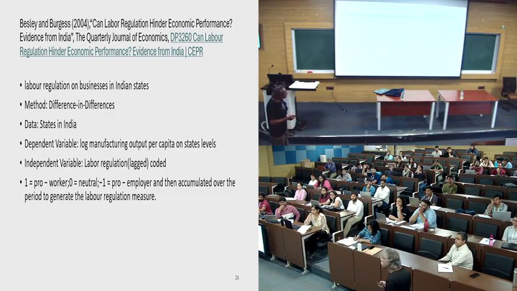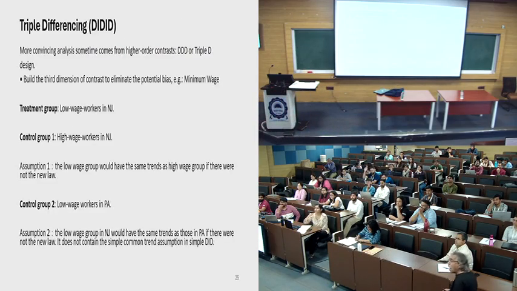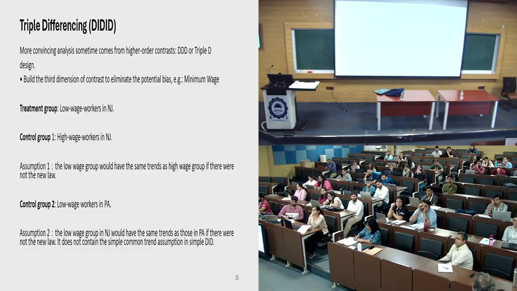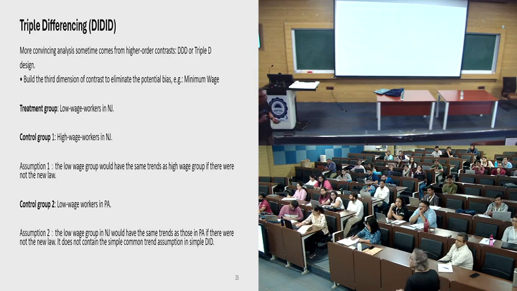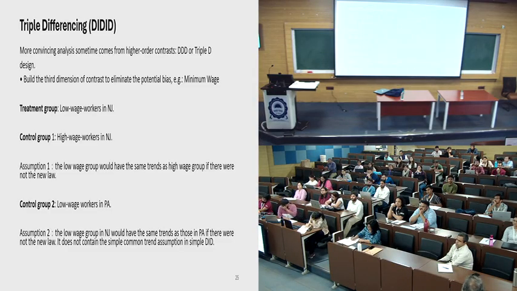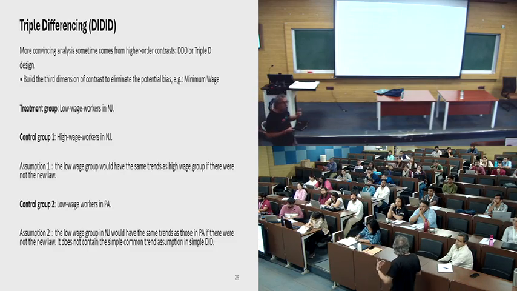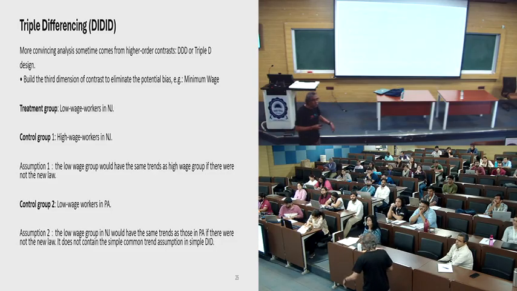Okay, fine. I'm now going to move into triple differencing. I'm going to go back to bring my Card and Krueger paper example. Recall Pennsylvania and New Jersey. More convincing analysis sometimes comes from higher order contrasts. And one of the higher order contrasts we can think of is triple differencing.